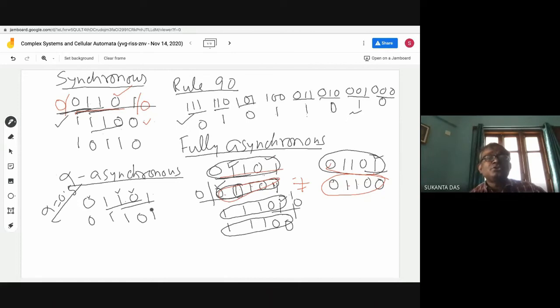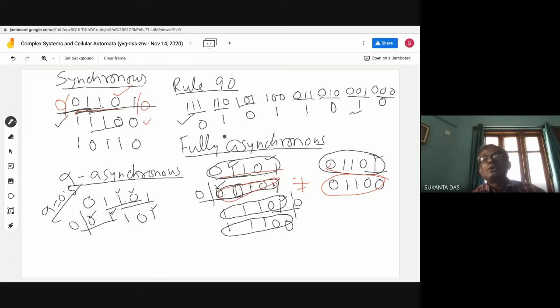Now suppose in this configuration this cell is selected, and say this cell, and say this cell are selected. Suppose 3 cells are selected for update. Then what will we get? This is for 001. I'm using null boundary condition, so here 0 is assumed because it's null boundary condition.